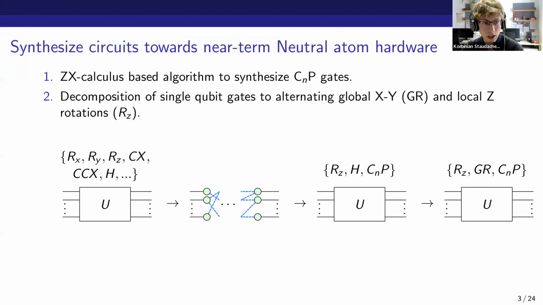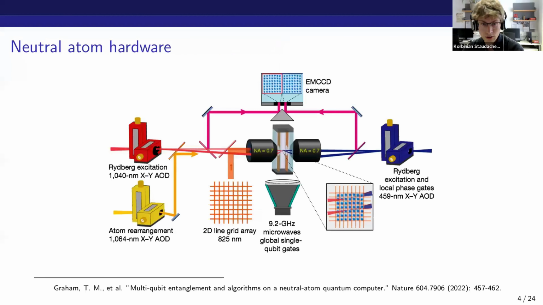So as a start, I want to first shortly highlight how a neutral atom hardware usually looks like. So this is a typical setup we are currently also more or less building in Munich. So the main point is that we trap neutral atoms in so-called optical traps with lasers in a 2D rectangular grid in here.